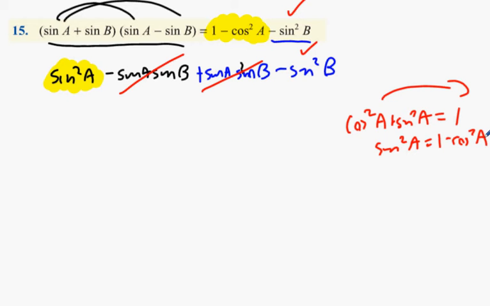I realised that I had to exchange sine squared A for 1 minus cos squared A. I found the formula that does that for me. It's on page 14 of your notes, and then I moved the cos squared A over to the other side. Now I'm going to do a direct swap for this here. It's going to be 1 minus cos squared A minus sine squared B.